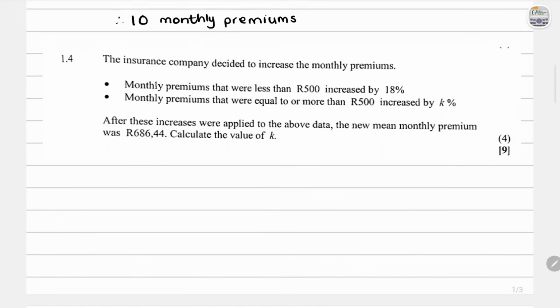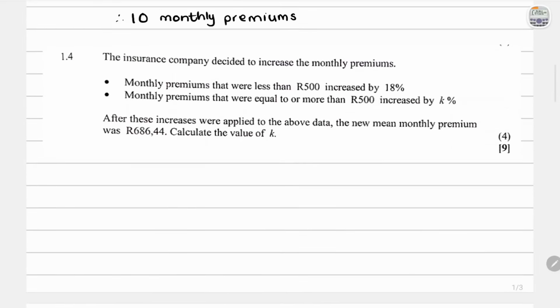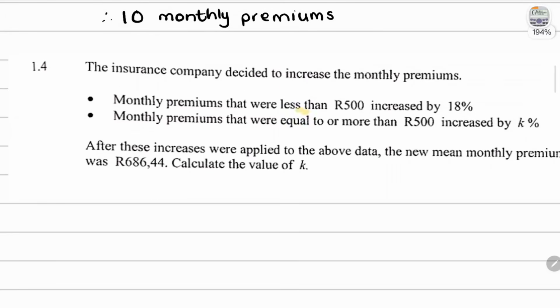The next question, and the last question for question 1, says the insurance company decides to increase the monthly premiums. The monthly premiums that were less than 500 Rand increased by 18%. So we're going to have to look for those. And then the monthly premiums that were equal to or more than 500 Rand increased by K%.